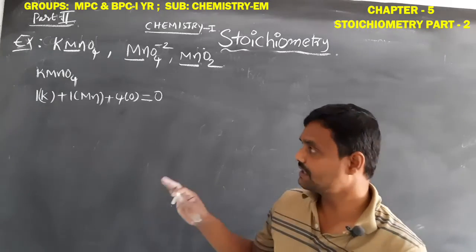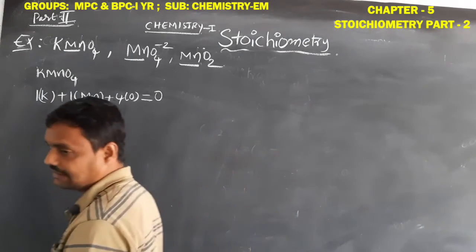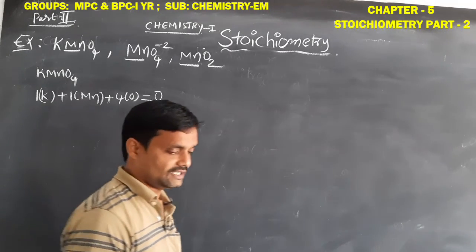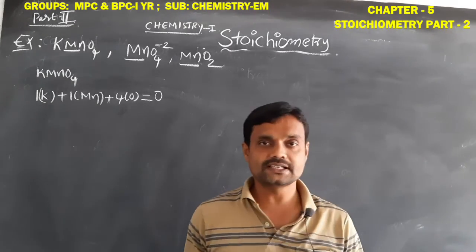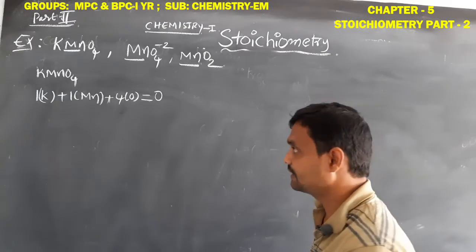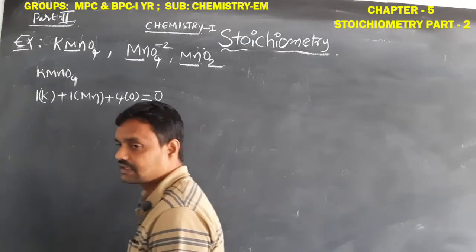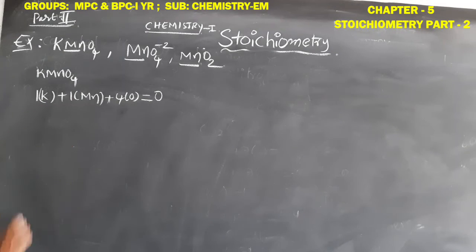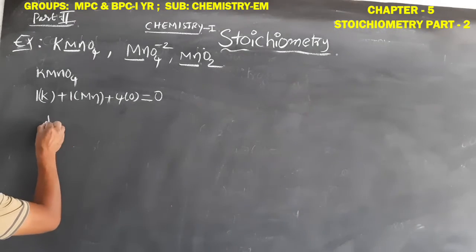Yes, it belongs to group 1A, the alkali metals. We learned in the previous class that for all alkali metals, group 1A elements, the oxidation number is constant: plus 1. So the potassium oxidation number is substituted as plus 1.